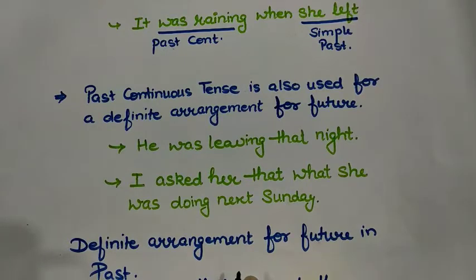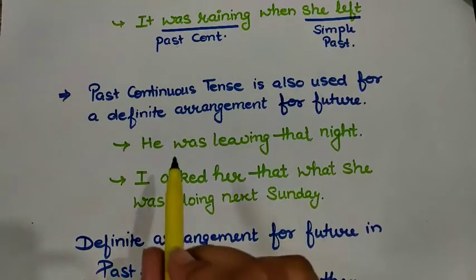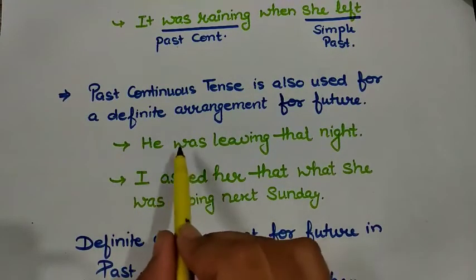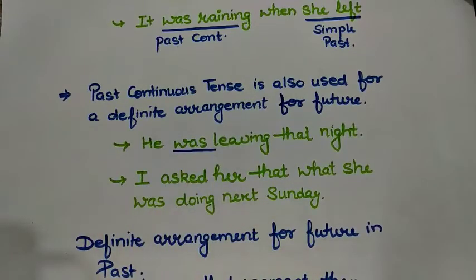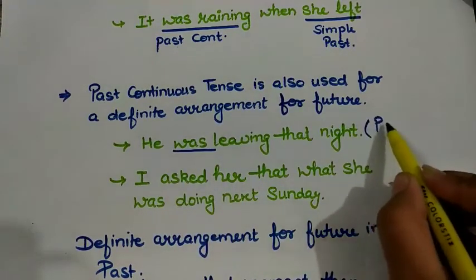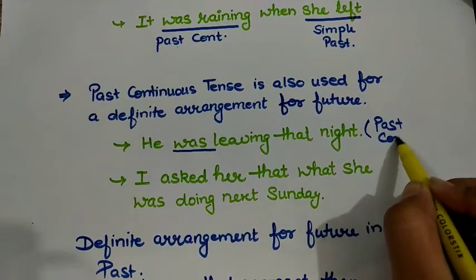Here, we can see that it is a plan for the future, but we have used it in the past because the sense of the sentence is that he was leaving that night means he was to leave. He was supposed to go that night. It is a planned arrangement. So we have used past continuous tense here.